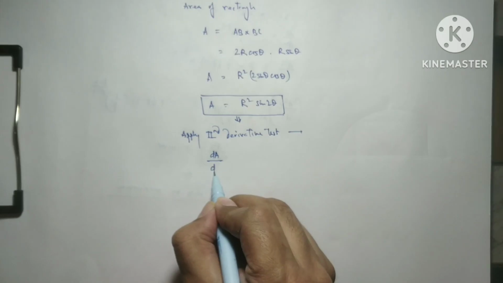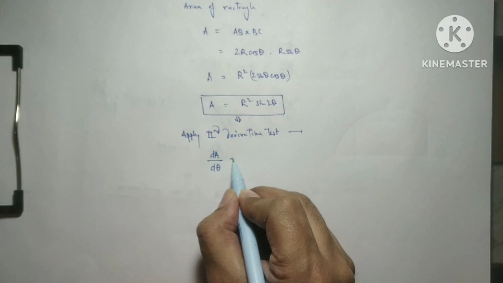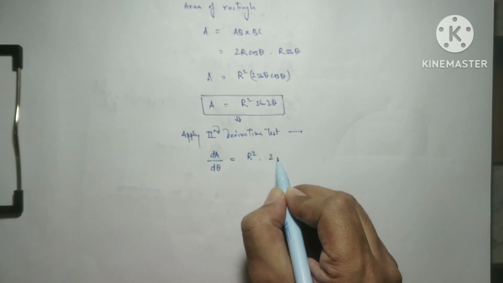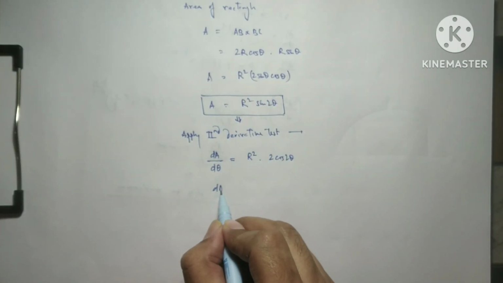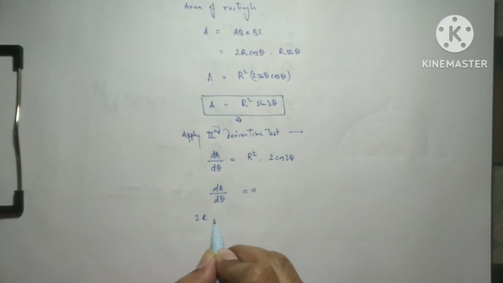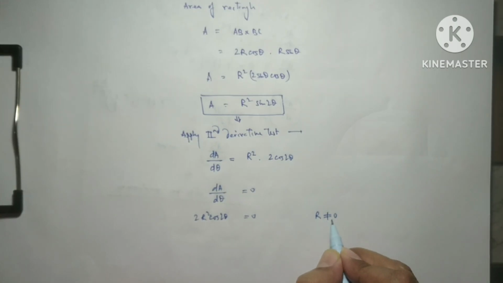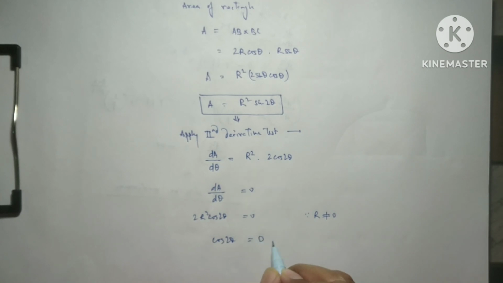Right now we will take the first derivative of area with respect to theta, and that is 2r square cos 2 theta, and on putting it equal to 0, we get 2r square cos 2 theta equals 0, and r can't be 0, meaning cos 2 theta is 0, so it is cos pi by 2.